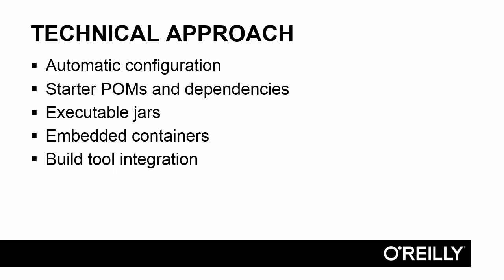Now that we know what Spring Boot is trying to achieve, let's talk a little bit about how these principles are achieved. We're going to discuss the technical approach of the framework. One of the ways that Spring Boot reduces the amount of configuration the developer must provide is by performing automatic configuration.